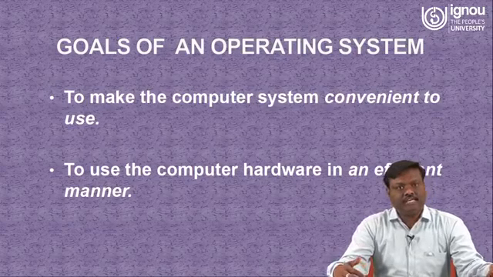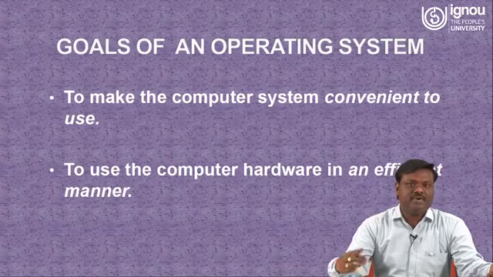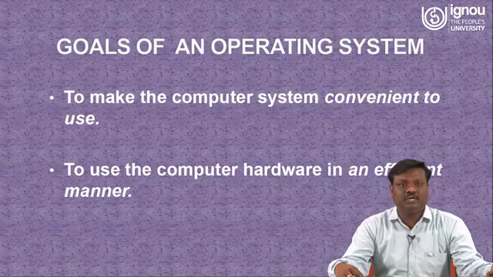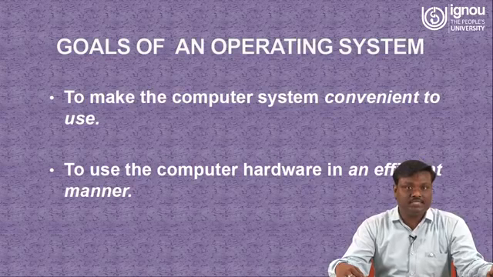After hearing about the system software, what are the goals of the operating system? Basically, there are two goals of any operating system, maybe it is Windows, Linux or a mobile operating system. The first is that it makes the computer system convenient to use.